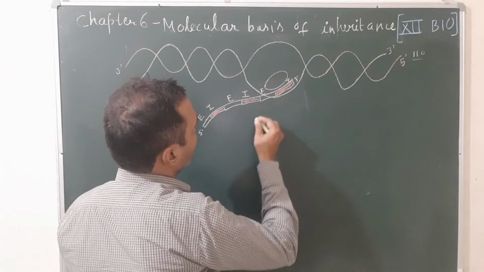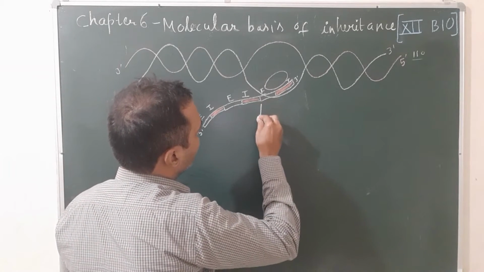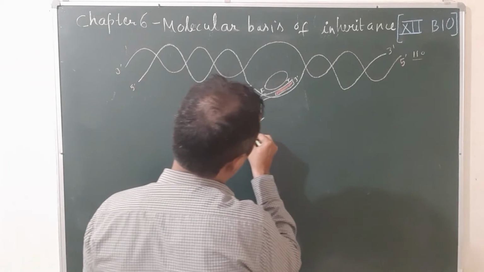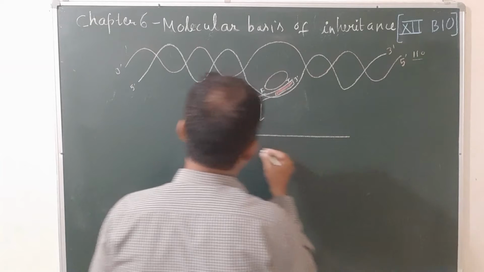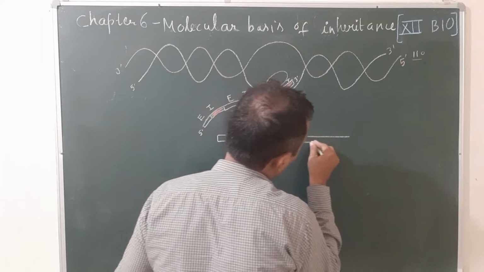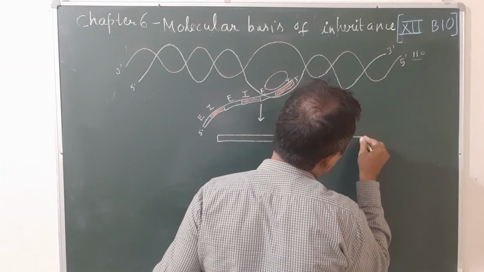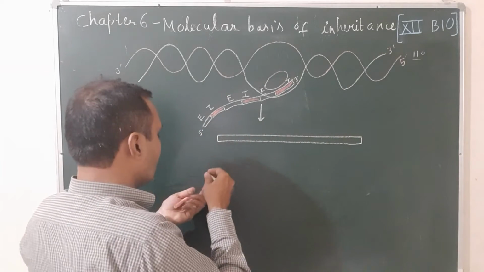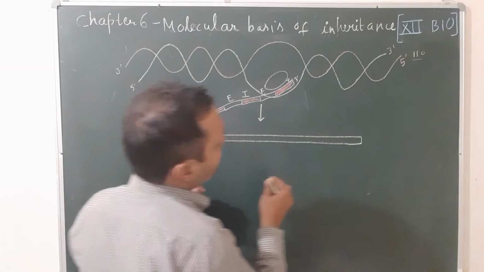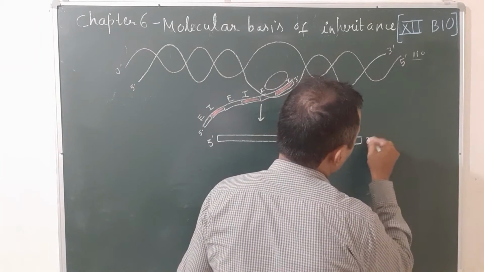So let's see, after the transcription, this mRNA falls off, and it has polarity 5 to 3. This mRNA is synthesized by RNA polymerase II in case of eukaryotes.